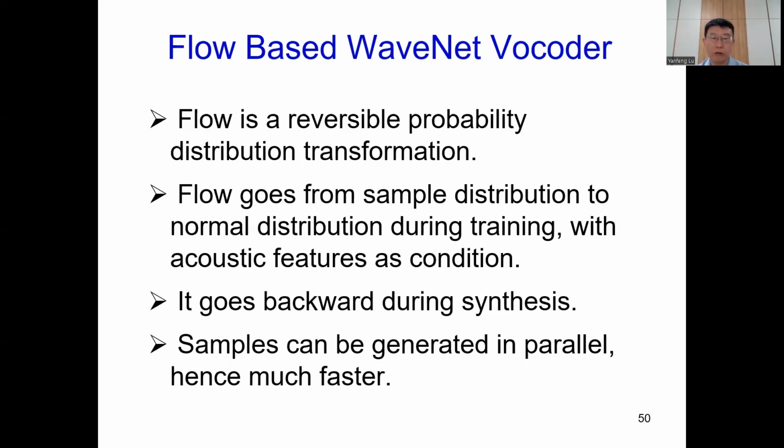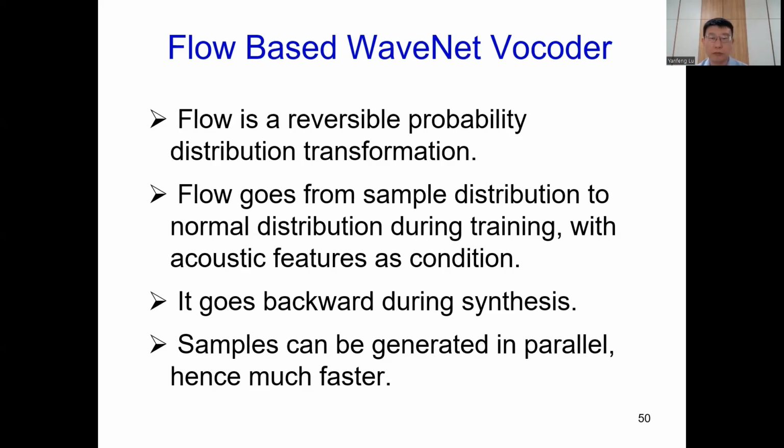In this phase, the architecture also uses the acoustic features as the condition. And in the synthesis phase, it goes backwards. Basically, it goes from a normal distribution to the sample distribution. Since the source is a normal distribution, there's no dependency between the samples. We can go there directly and generate the samples.